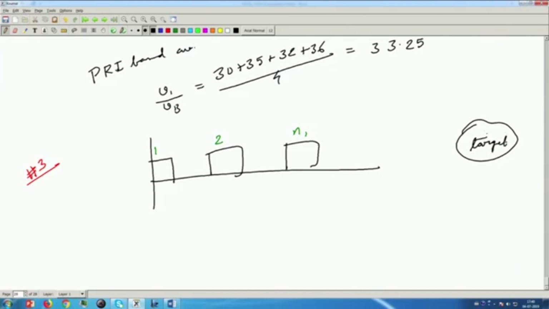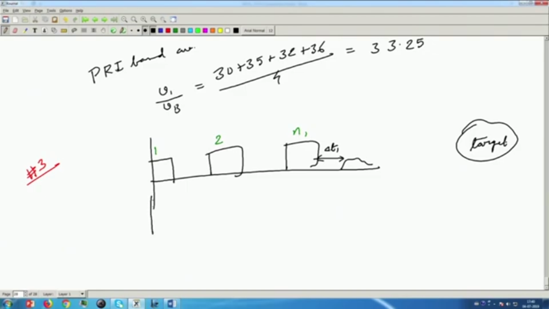So, the echo is coming. Suppose this actual echo is come here. So, let me call this as delta T1. So, after N1 pulse transmission, I have got the echo.